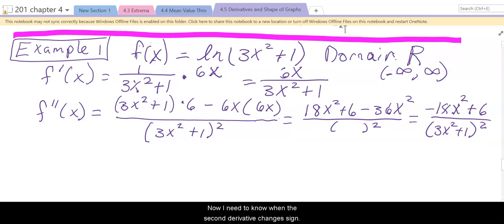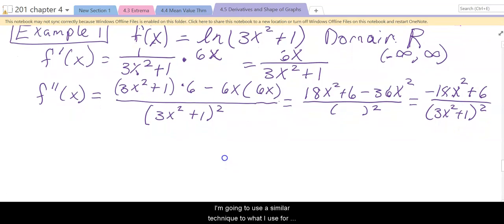Now I need to know when the second derivative changes sign. I'm going to use a similar technique to what I used for analyzing the first derivative. This means I'm going to write my second derivative in a fully factorable form and analyze the signs. This time, just to show you that it can be done, I'm going to further factor the numerator by factoring the negative 6 out of the numerator.